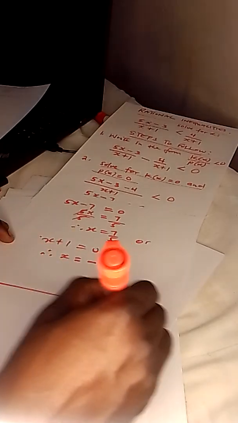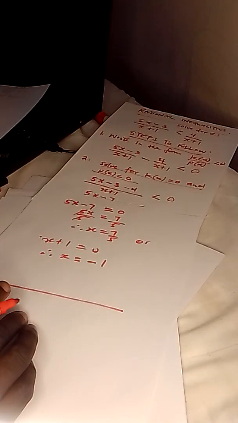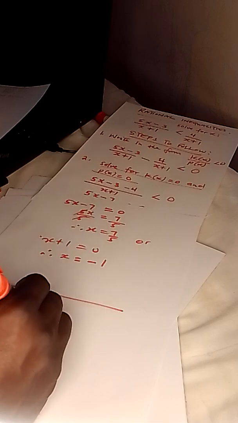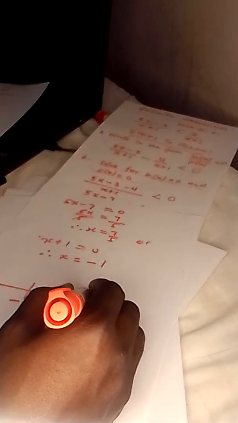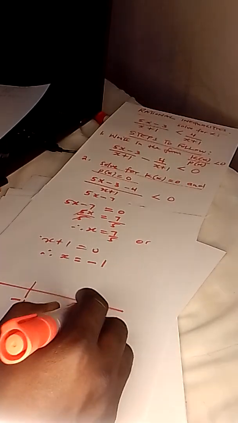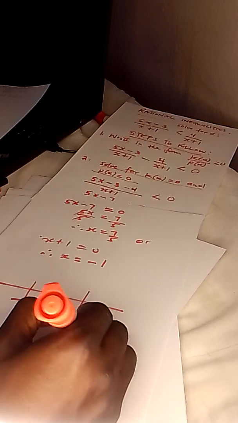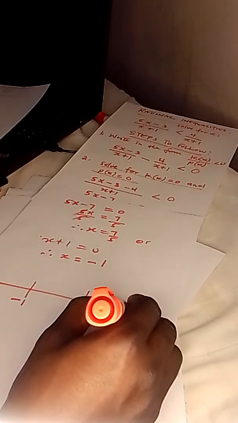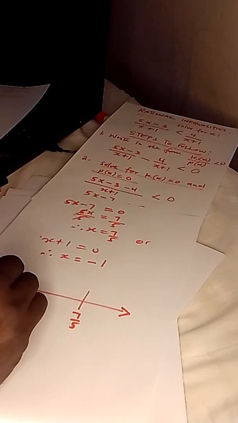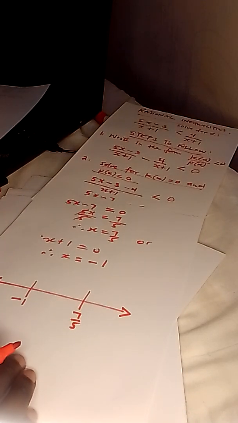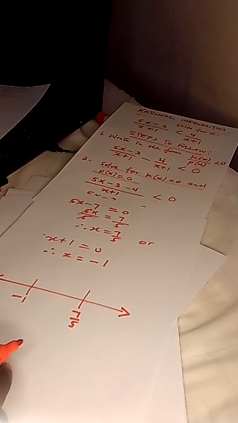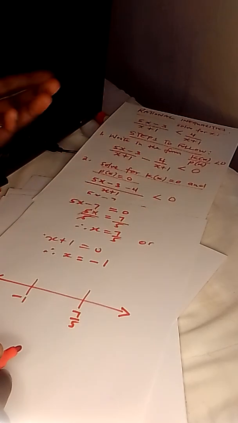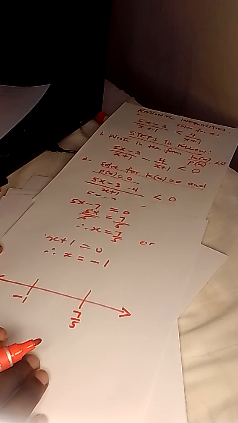So here you draw again, and then we want to see the interval. Minus 1 is the smallest number between the two x values, and then here we have 7 over 5. Guys, you put your arrow again. Okay, so now since we are dealing with a less than symbol which never changed, we are looking for a negative solution.